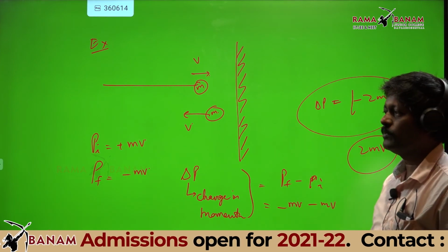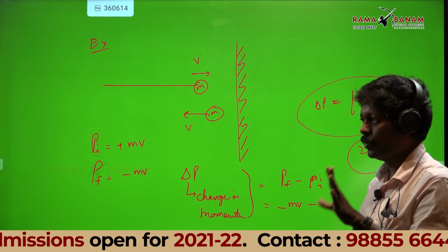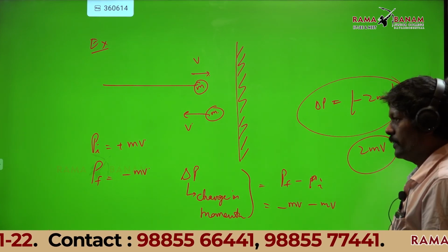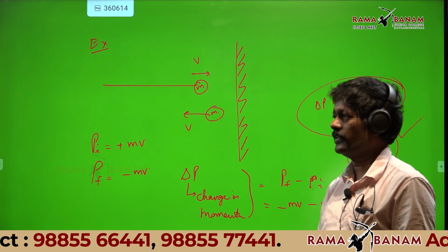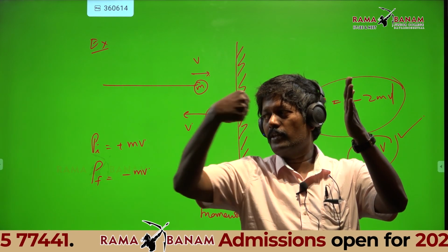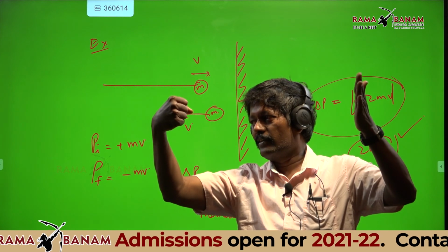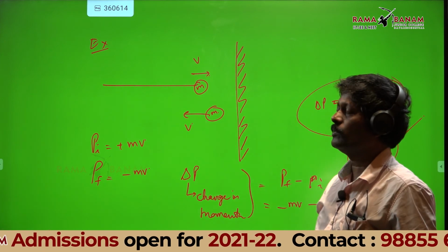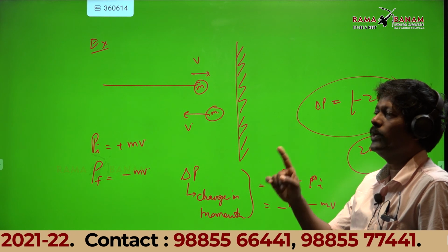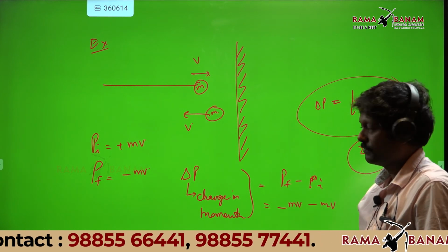The board is blurred, okay. Wi-Fi has some problems, it's connected to a different network. Listen, look at my hand. If the ball hits and comes back, change in momentum is not 0. Change in momentum is 2 mv in modulus.